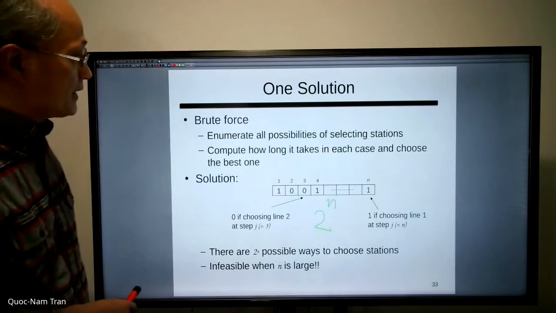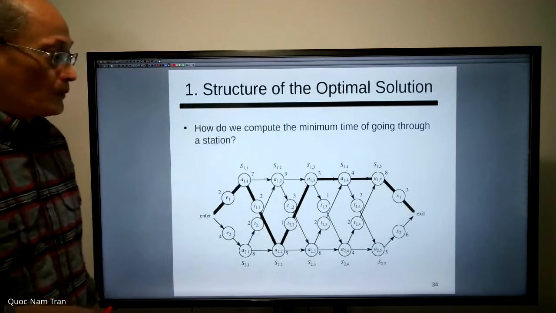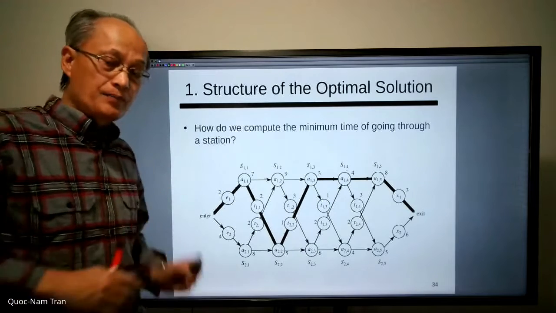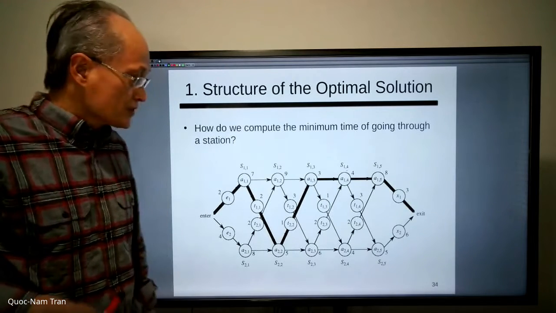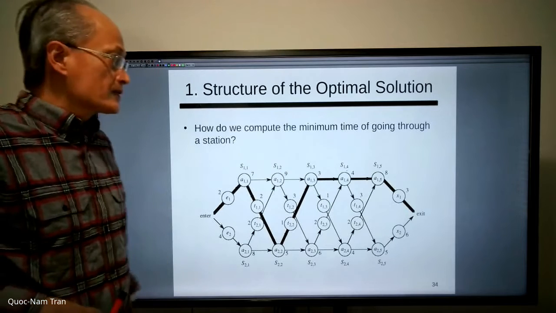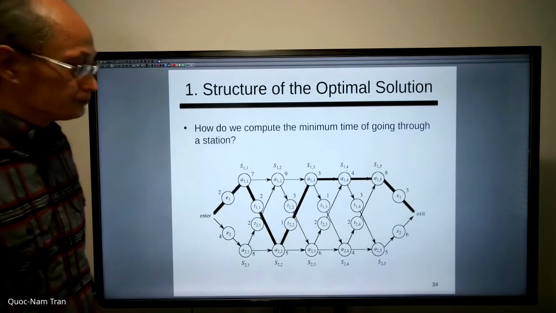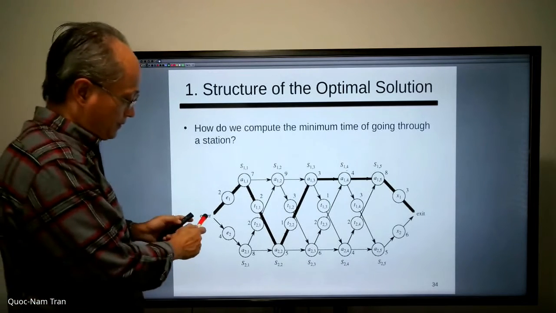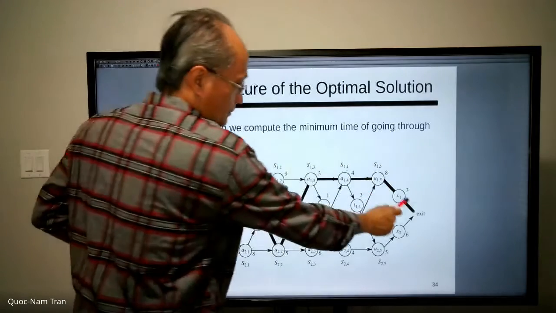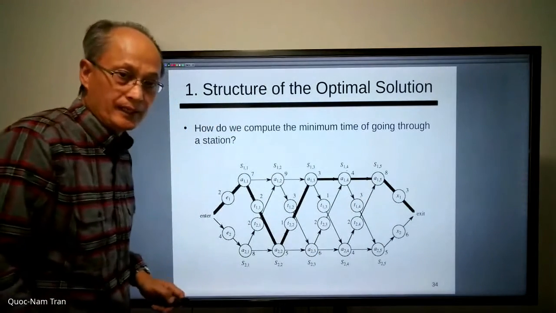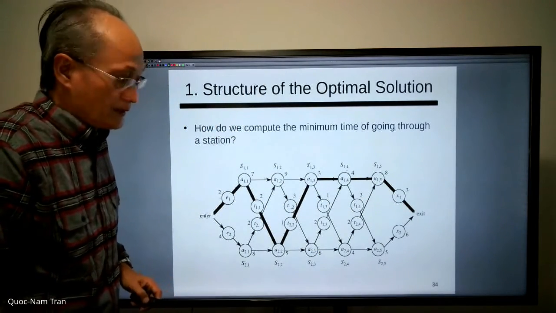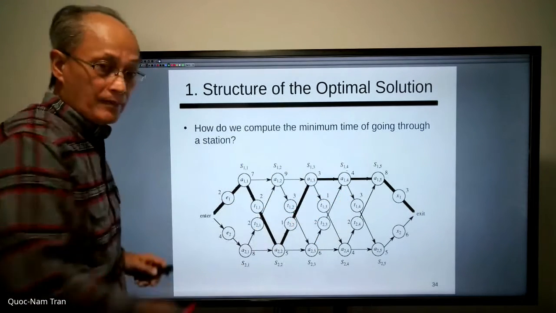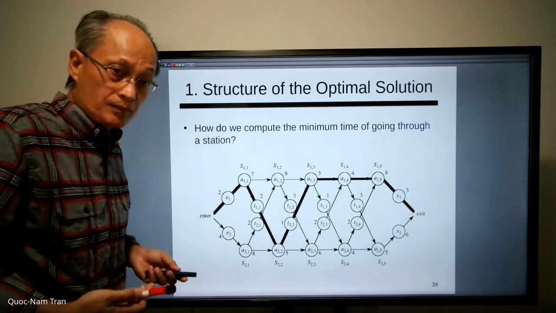Now, the other way that we can use is that we want to divide the problem based upon some observation. Okay? So the observation is here. What would be the best way to go from the entering into the exit way? So we will break the problem into smaller problems.